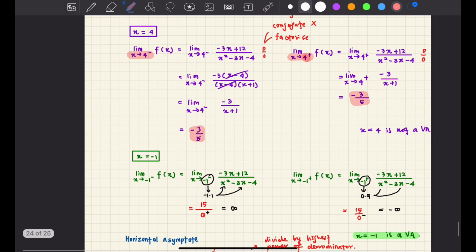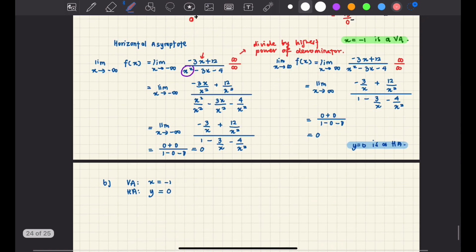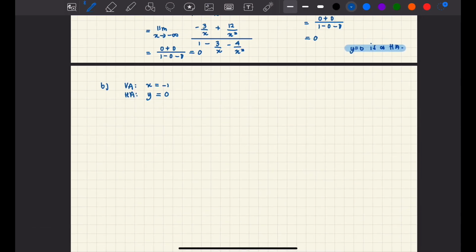So 4 from the left and 4 from the right give us the same value of y. As x approaches 4 from the left, y is approaching negative 3 over 5. The same for x approaching 4 from the right, our y is also approaching the same value.